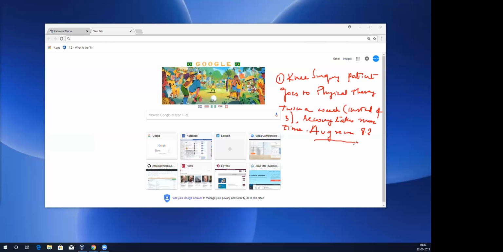Is it clear? So what is it? He's assuming that if anybody goes for only 2 times physiotherapy, the recovery takes more time, and the average recovery time is 8.2.